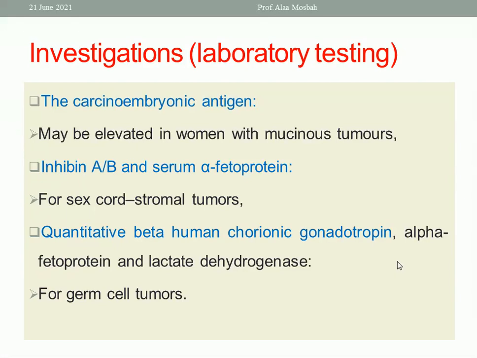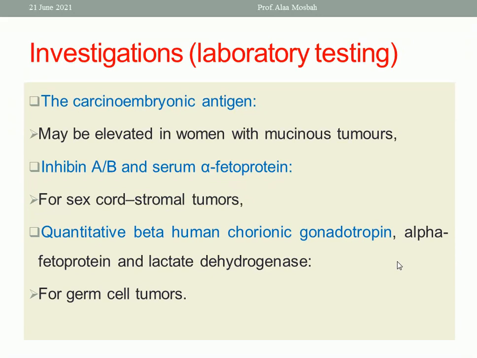Another tumor marker is carcinoembryonic antigen, which may be elevated in mucinous tumor. Inhibin A and B and serum alpha fetoprotein are elevated in sex cord stromal tumor. Beta HCG, alpha fetoprotein, and LDH, lactate dehydrogenase, are elevated in germ cell tumor.